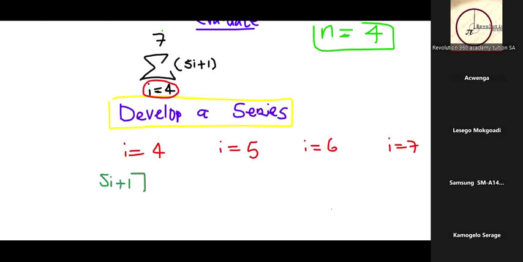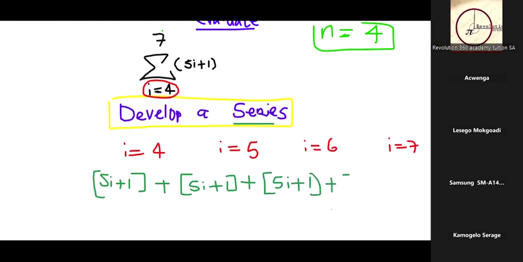Then you say plus, 5i plus 1, plus 5i plus 1, lastly plus 5i plus 1, plus, and you put dots here to show this series is still continuing.